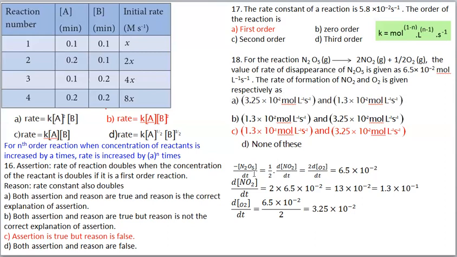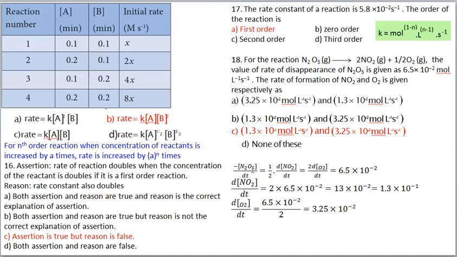From the equation we can write the rate in terms of N2O5 as minus d[N2O5] by dt, equal to, in terms of NO2, 1 by 2 d[NO2] by dt, and in terms of O2, 2 d[O2] by dt.